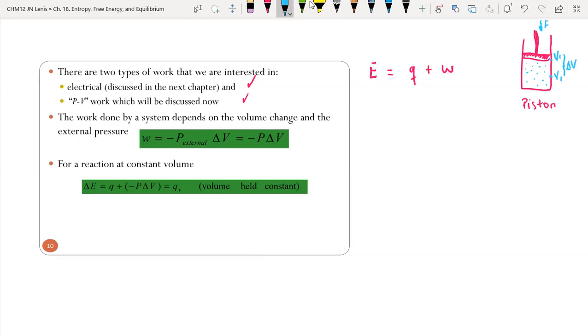But spontaneously, what is the normal situation? When you have a gas and you raise the temperature, what is the tendency of the gas?